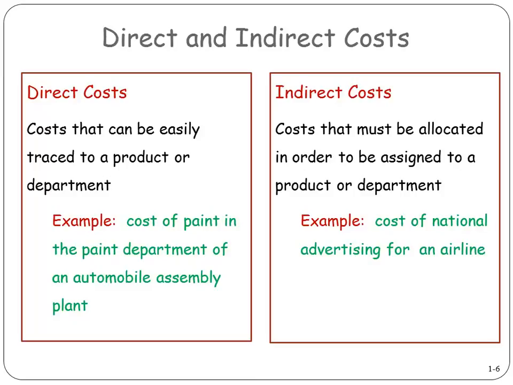So you do advertising. You have to figure out how much you are going to charge for each seat that we sell for the advertising campaign. That cost has to be allocated in some rational fashion. That's direct versus indirect.